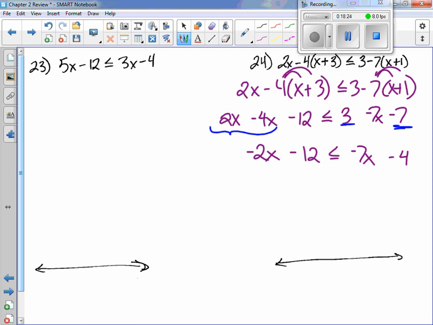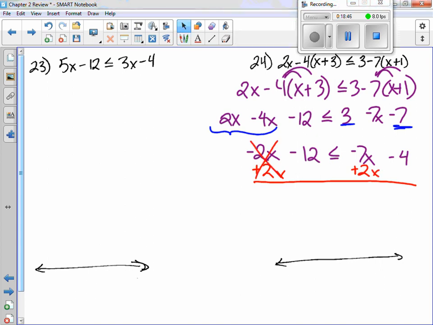Now, what we need to do next is get the variables on the same side, and everything else on the other. So I could add 2x to both sides, or we could add 7x to both sides. What do we want to do? We can add 2x. When we add 2x to both sides, 2x plus 2x would cancel, leaving me with negative 12 on one side.